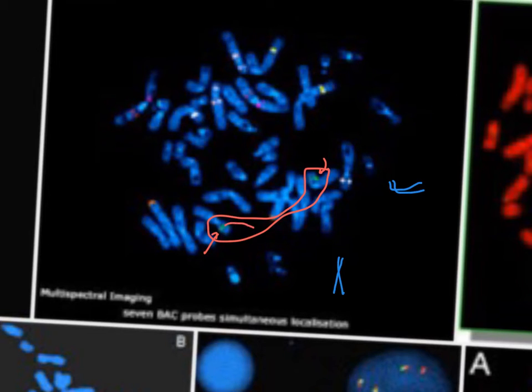So those FISH signals, what color is that? Is that green? Yeah. Okay, I'm using red, but that's kind of my drawn interpretation of those hybridization patterns. So those are the two copies, 4 molecules of DNA in whatever chromosome that is.